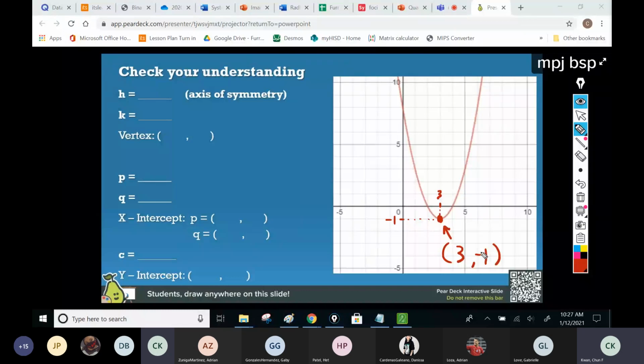So be careful on the -1. This is below the x-axis. So the x-axis is right here, and the vertex is below the x-axis, so it's below 0. Below 0 means this is a -1.